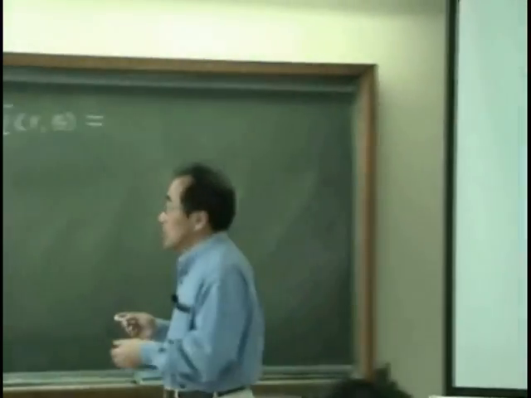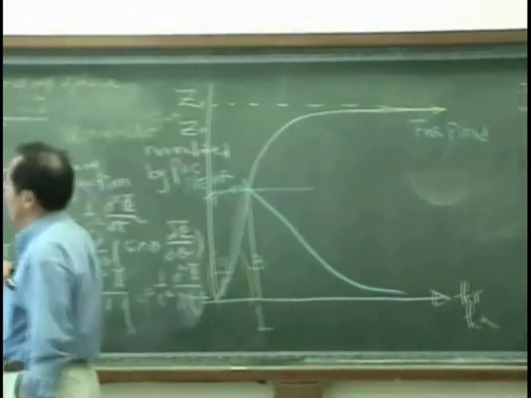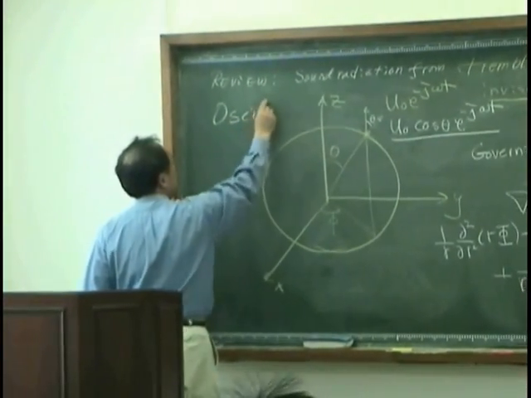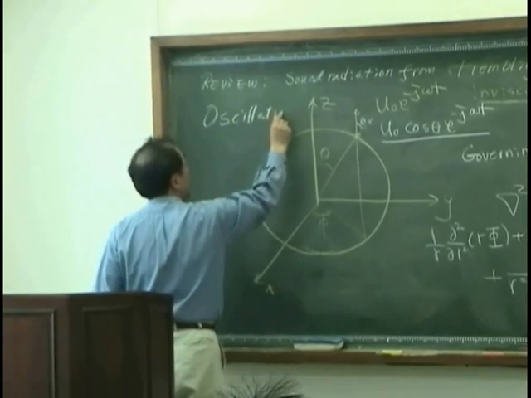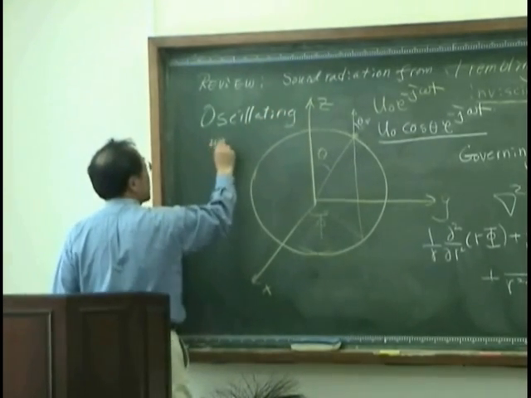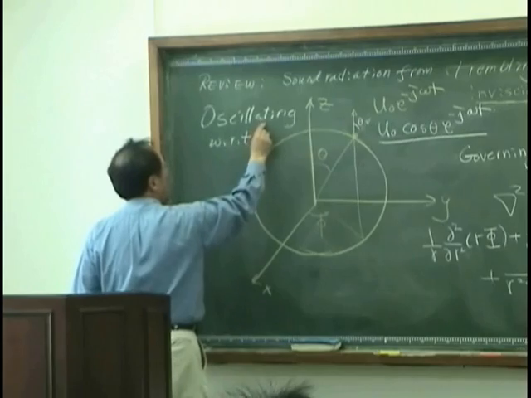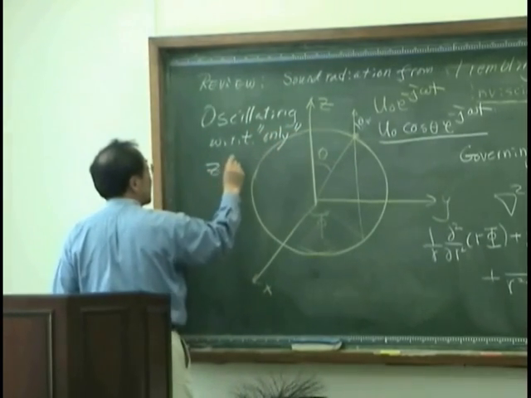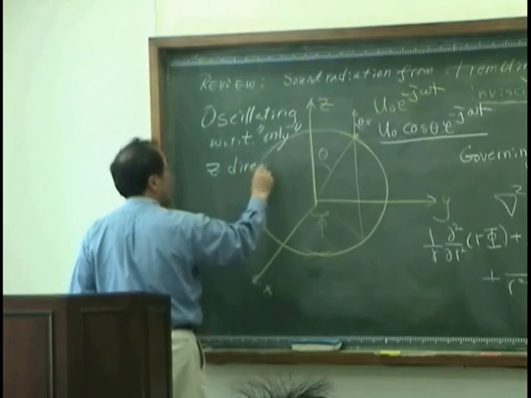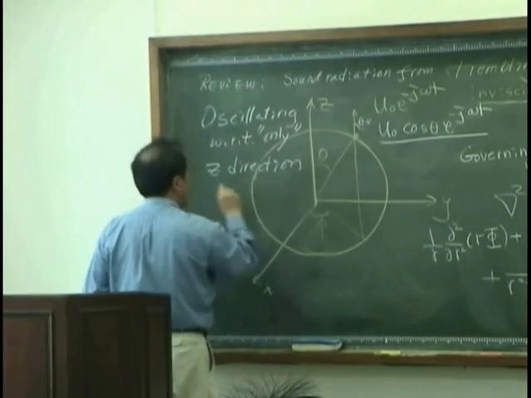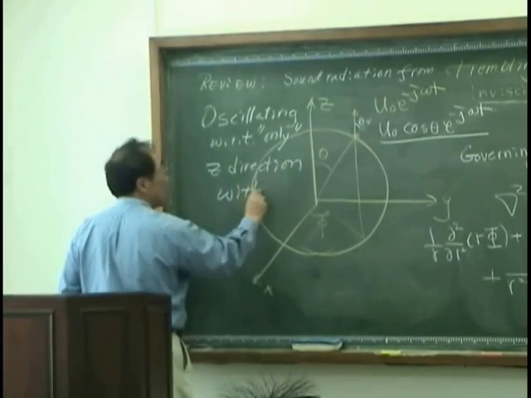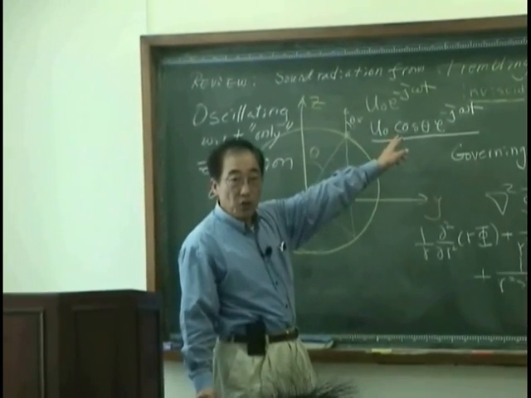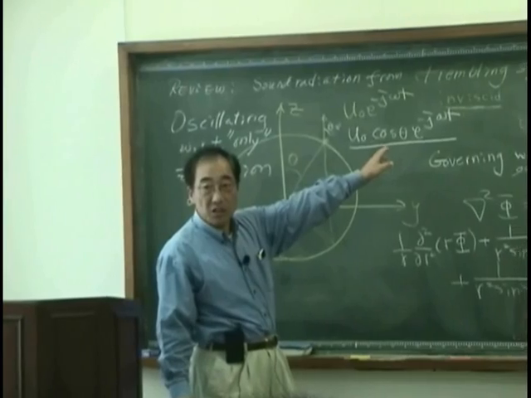The sphere is oscillating with respect to only the z direction, with the velocity u0 exponential minus j omega t.